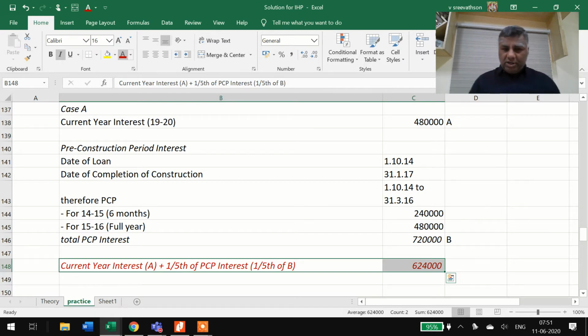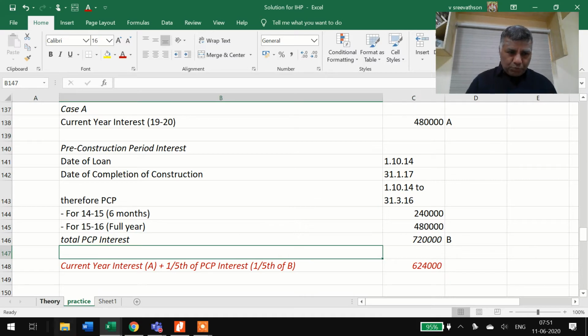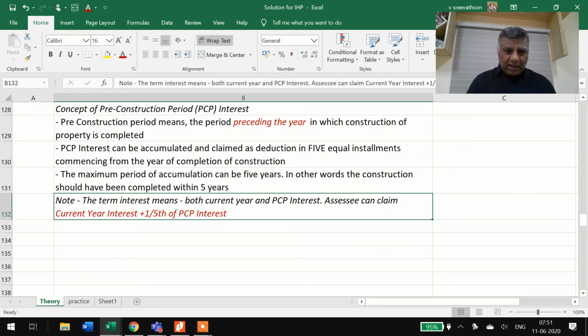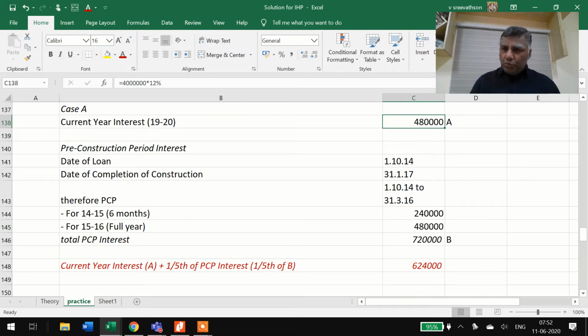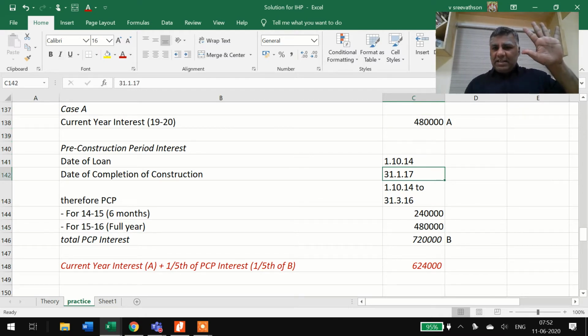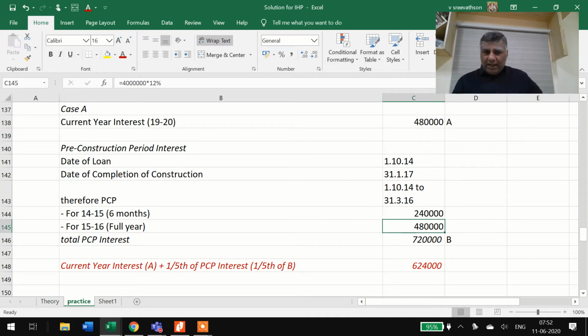What you can claim is always current year interest plus 1/5 of PCP. Current year interest you will compute, total PCP interest you will compute. This can be claimed for 5 years. The property was completed in the year 1617, 1617, 1718, 1819, 1920, 2021. 5 years you can compute and claim.